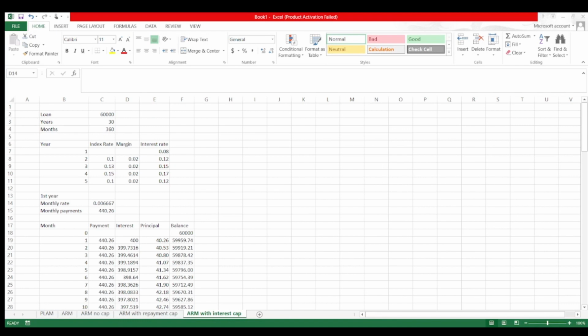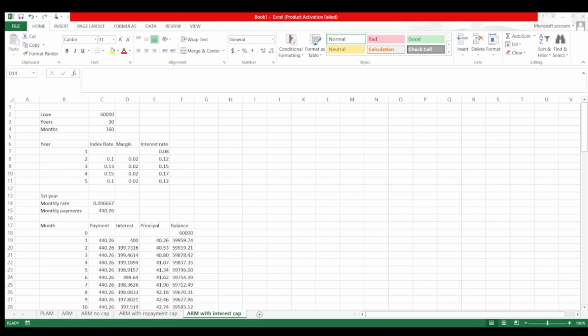We previously looked at a case where the payment is capped. However, in some cases, the interest rate increase can also be capped. So this means that in the event that the calculated interest rate exceeds a certain amount, the affected interest rate will be lower than that amount.